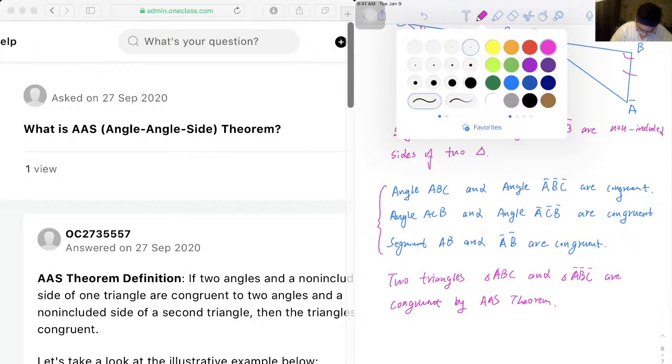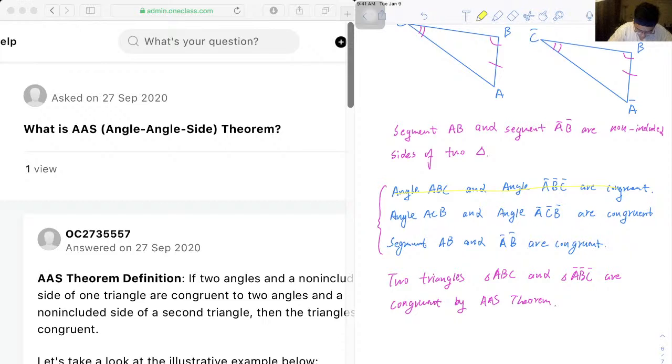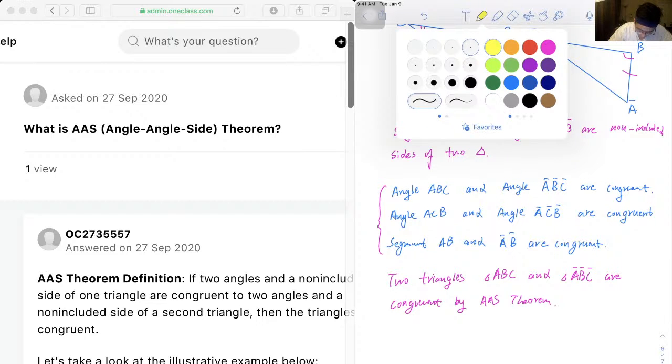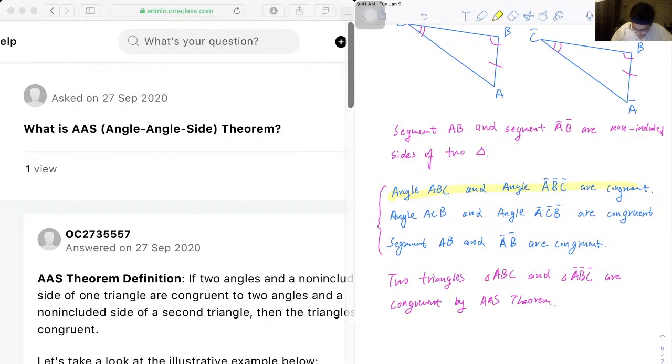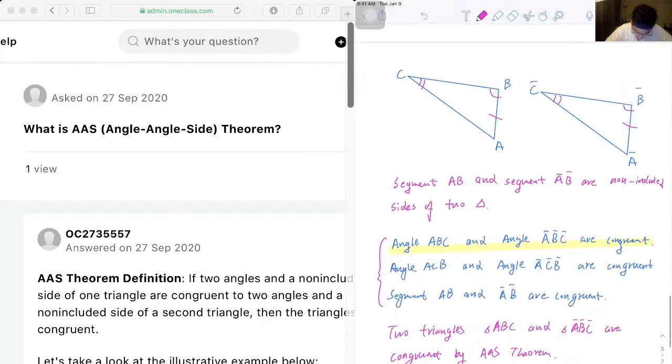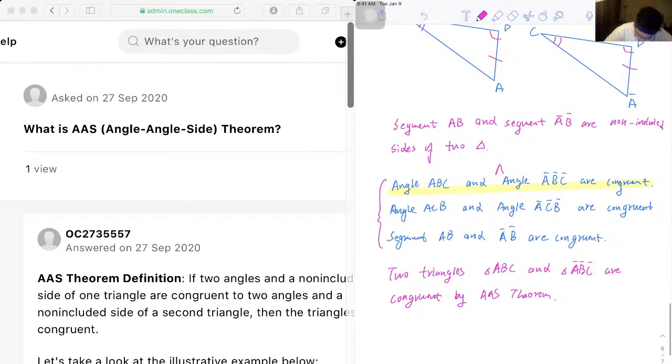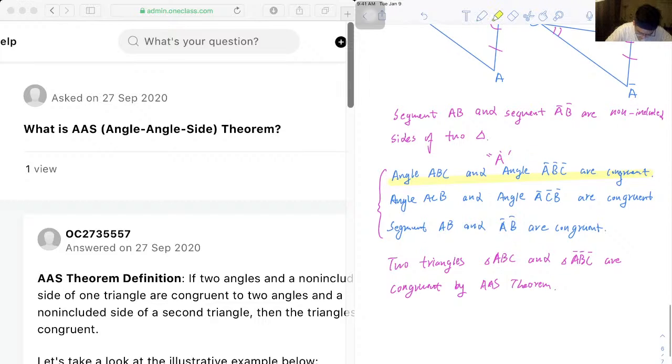So for the first sentence, it's referring to the first A, and the second sentence refers to our second A, which stands for angle, and the last sentence stands for S, which stands for side.